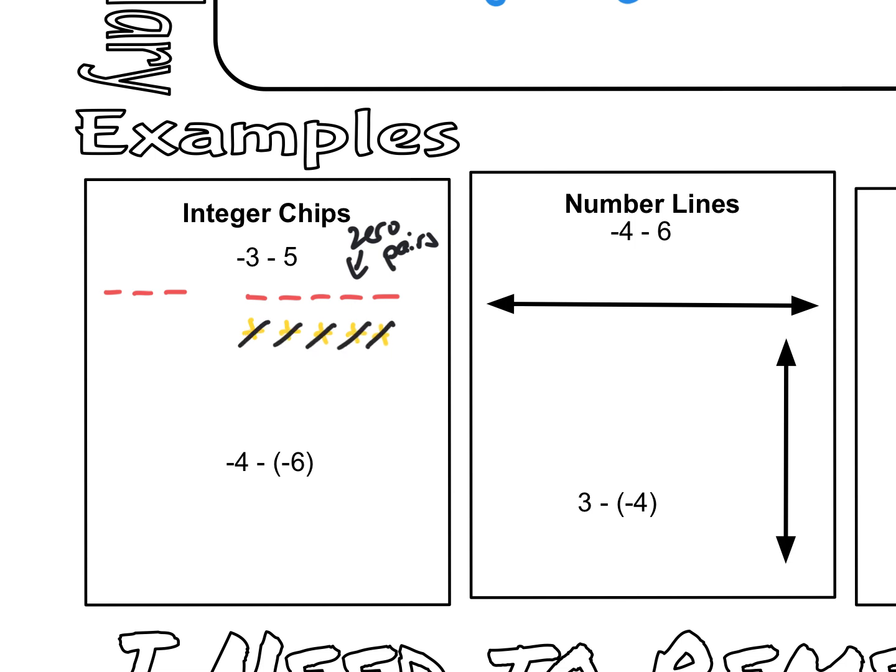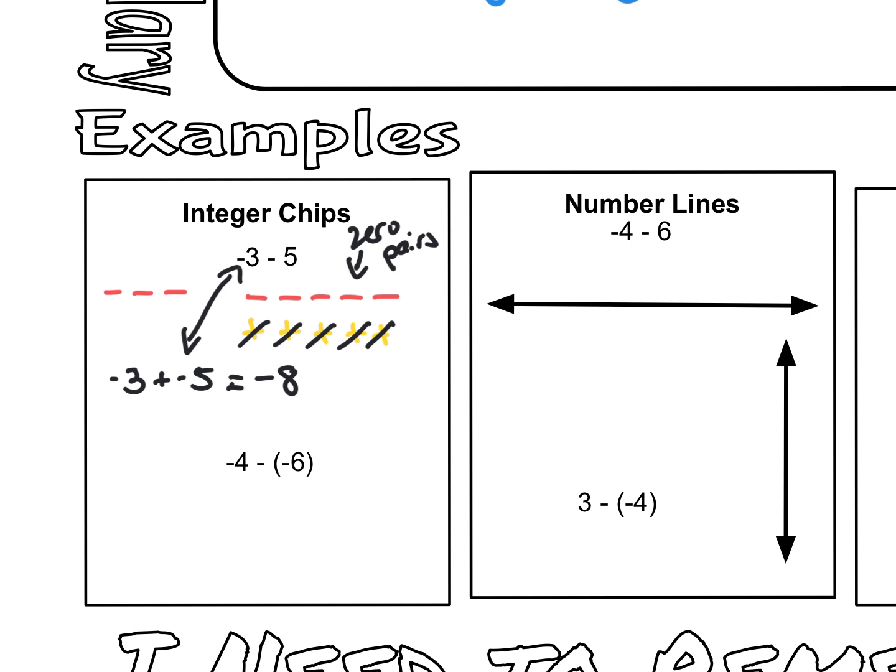And our answer in the end is 3 negatives here, and then an additional 5 negatives left over from the zero pairs, for a total of -8. So these two end up being equivalent expressions.